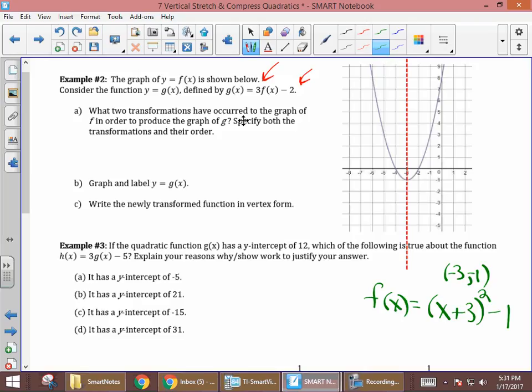Okay, and now I know that this thing is going to have a vertical stretch of 3 and go down 2. I could put a 3 outside of that. Okay, I could do this. 3 times x plus 3 squared minus 1, and then minus 2. And see what we get. Watch what happens.